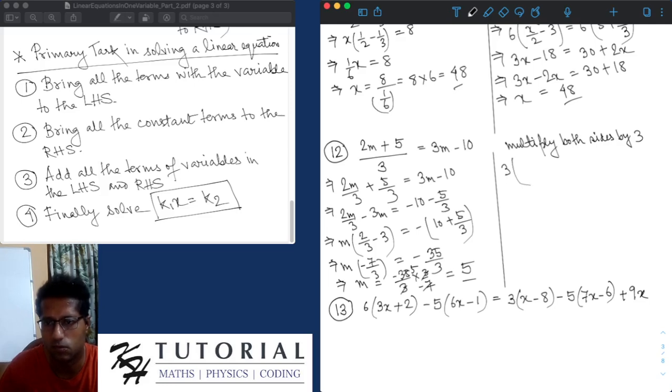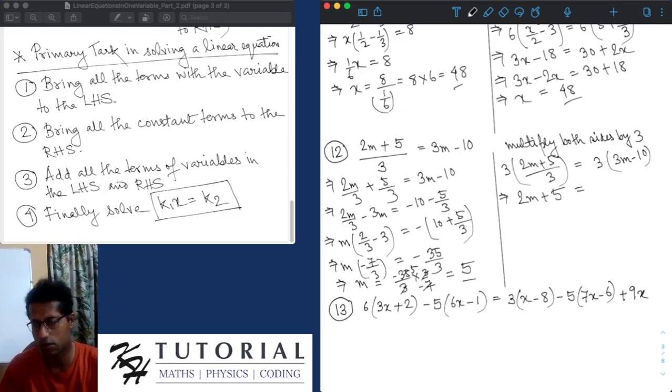So we get 3 into the LHS, 2m plus 5 by 3, equals 3 into the RHS, 3m minus 10. Now this implies, if you do the product on the LHS, the 3 cancels out, so 2m plus 5 equals, in the RHS, 9m minus 30.